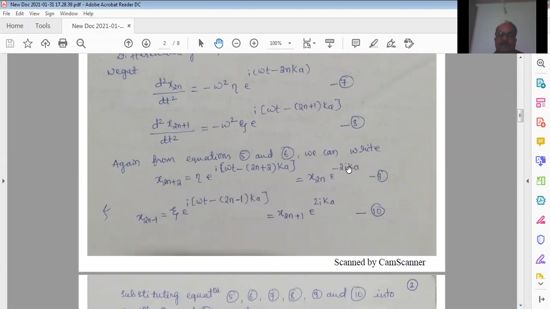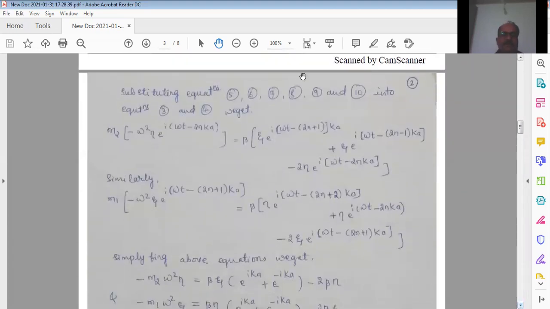You can work it out again and you will get this. It's very simple. Similarly, x2n minus 1 is equal to zeta into e to the power i omega t minus 2n minus 1 into ka. That means wherever n is there, 2n minus 1 is written, and this term is separated from this term and multiplied by e to the power 2ika. So these are equations 9 and 10.